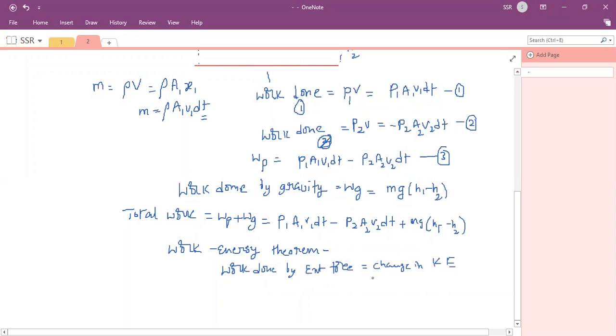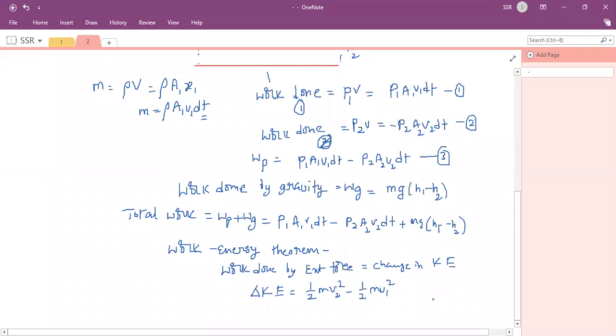So first, what is the change in kinetic energy? Initial velocity v1, final velocity v2. Then delta KE, the change in kinetic energy, is equal to half m v2 square minus half m v1 square: final kinetic energy minus initial kinetic energy.